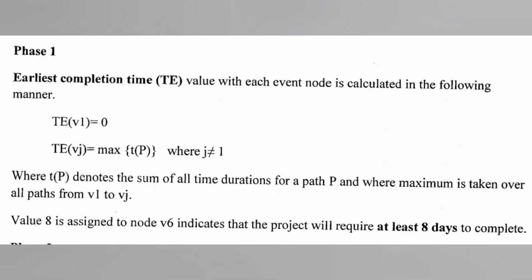T of P denotes the sum of all time durations for the path P, and the maximum is taken over all the paths from V1 to Vj. So from V1 to Vj, first calculate all the possible paths, and the path which has the maximum value gives our TE.